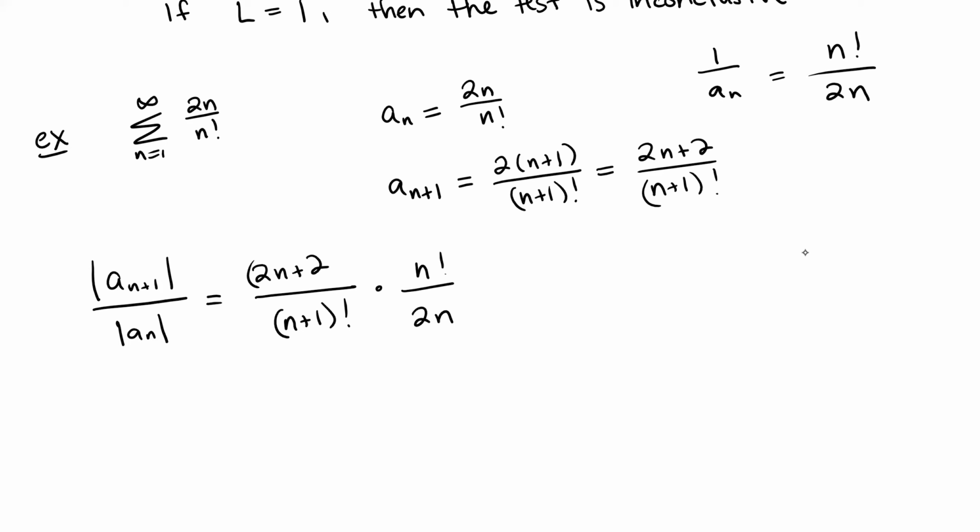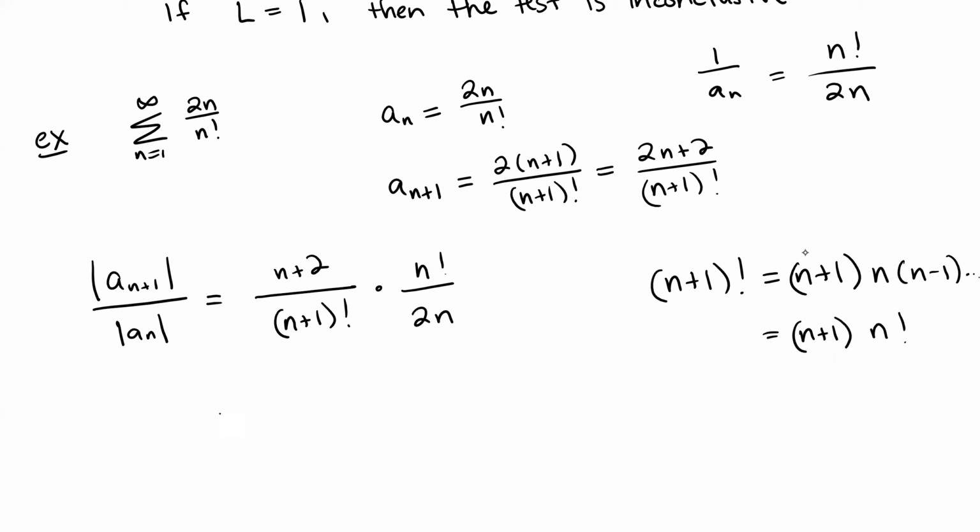Okay, now what we should do is cancel some things out. So in particular, n plus 1 factorial is equal to n plus 1 times n times n minus 1 times dot, dot, dot. So in other words, n plus 1 factorial is n plus 1 times n factorial.